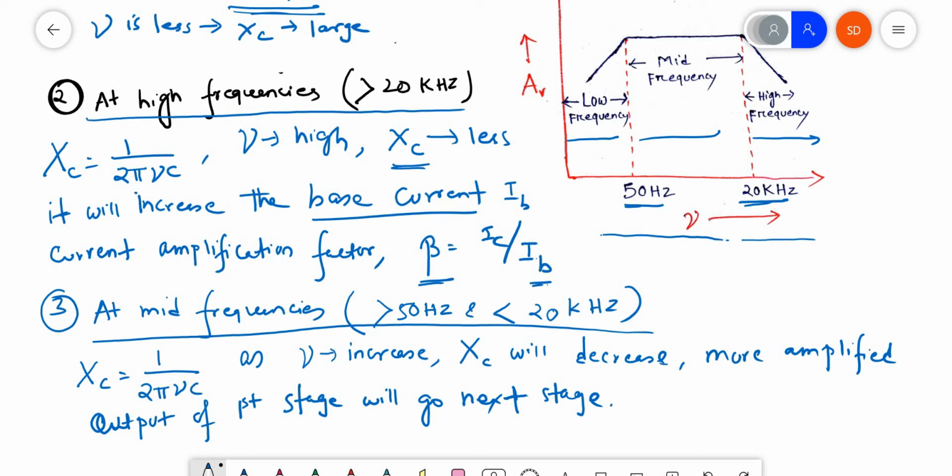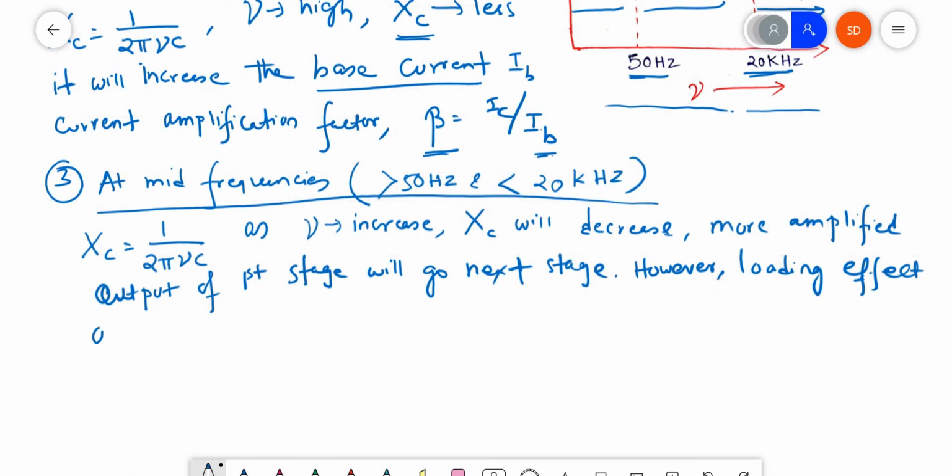So we can write, however, loading effect of first stage also increases, and thus the gain is reduced.